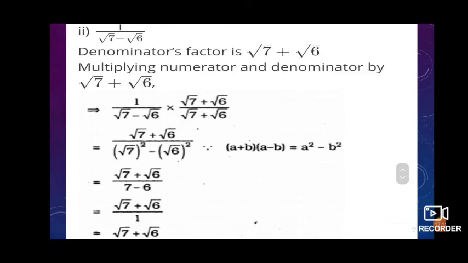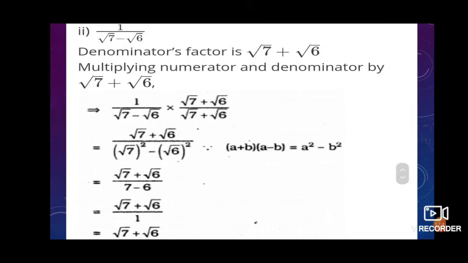A square minus b square. So to make out that formula, here we have root 7 minus root 6, which we will treat like a minus b. So now what do we want? A plus b. Here a is root 7 and b is root 6. So with what factor we have to multiply? Root 7 plus root 6.